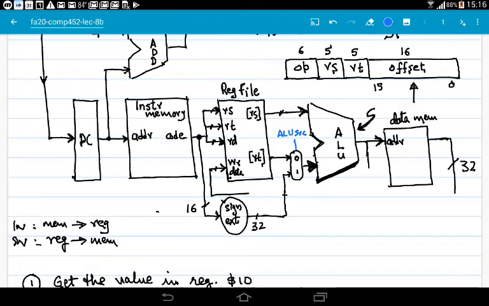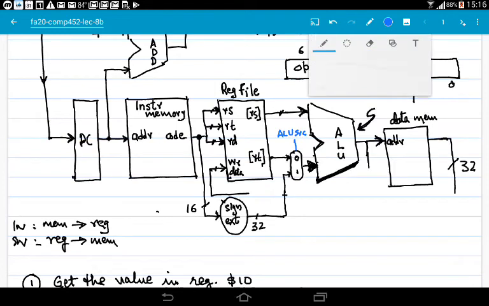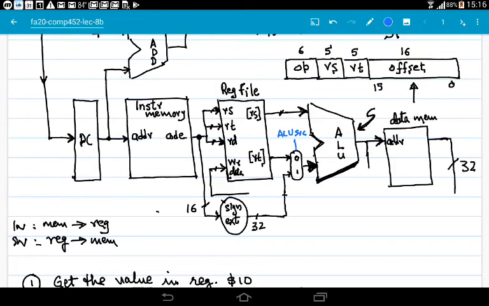Previously I used to import the PDF, but this time I thought I'll draw the figure by hand so that you can see how each new piece is introduced in the diagram. Oh, sorry.